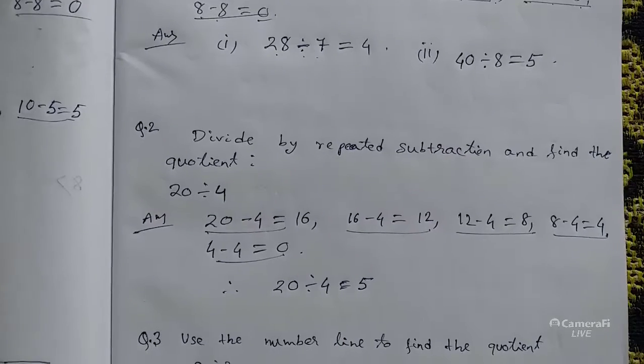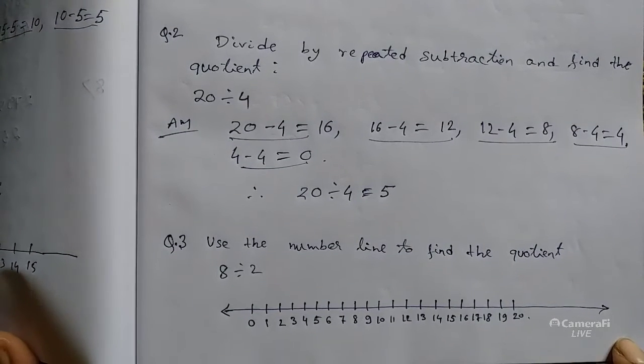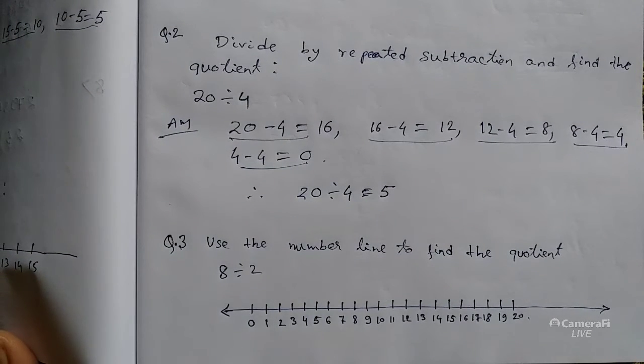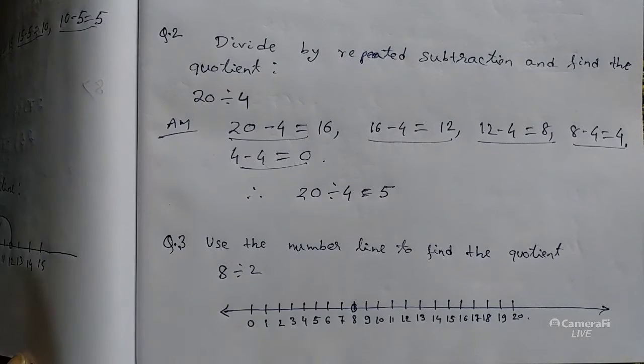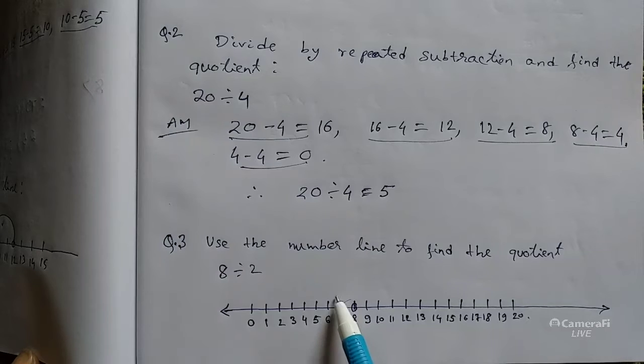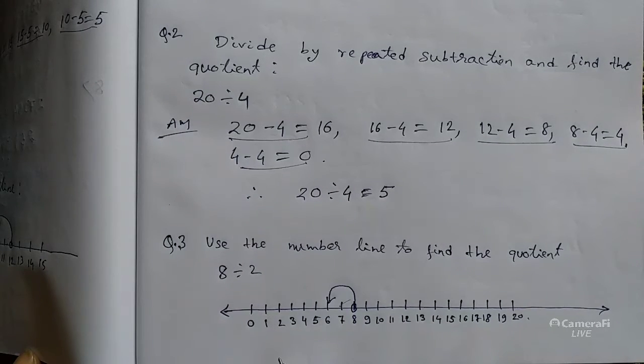Now question number 3 is here. Use the number line to find the quotient 8 divided by 2. So we will start with the point 8 on the number line, and in every step we will jump 2 steps. 1, 2, jump 8 to 6.